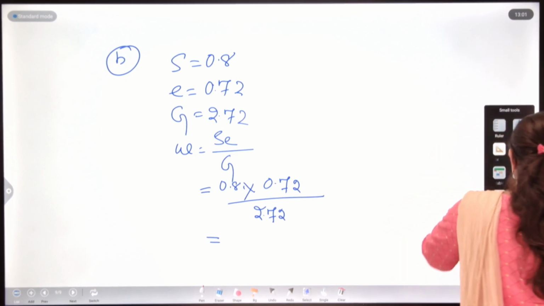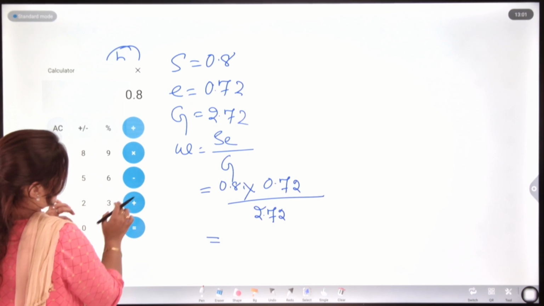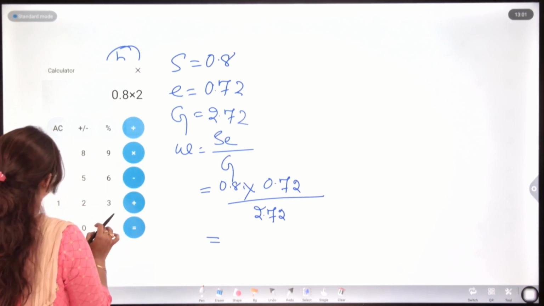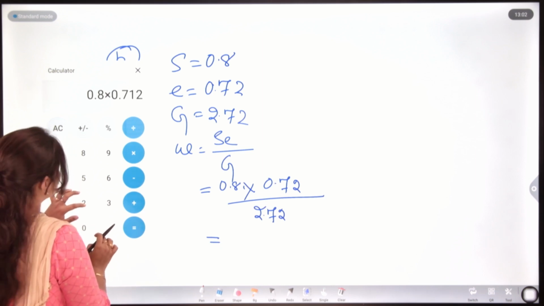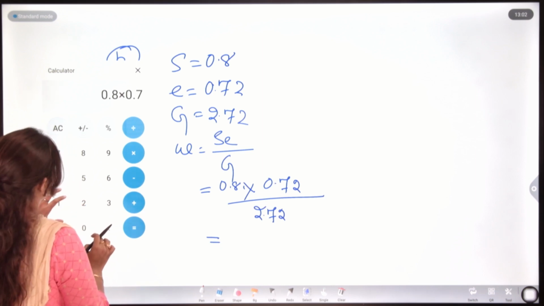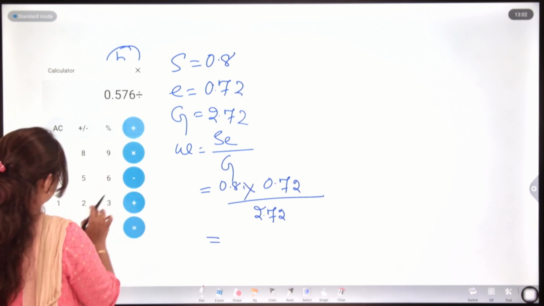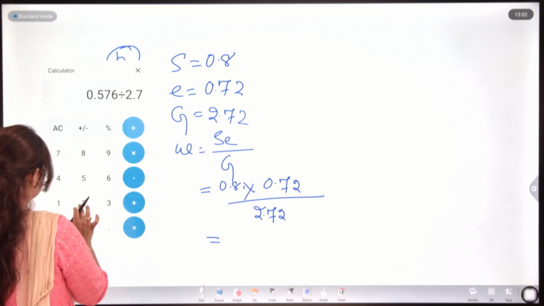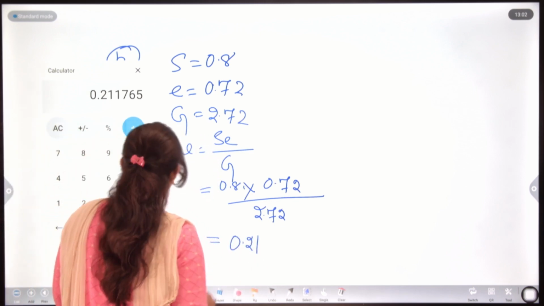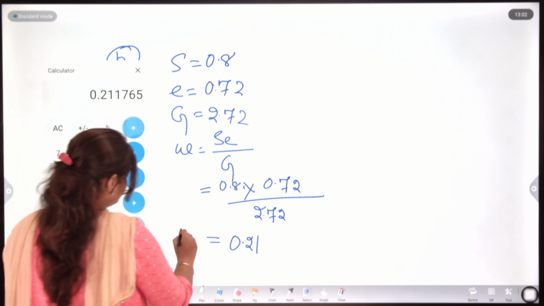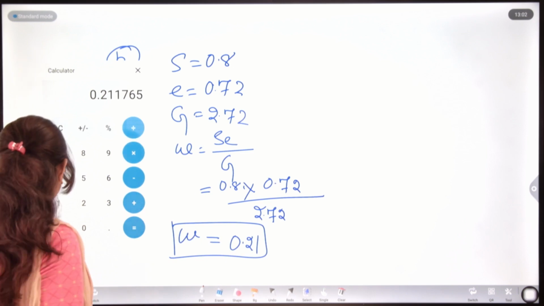Using the calculator, 0.8 multiplied with 0.72 divided by 2.72 gives 0.21. Here we get w for 80% degree of saturation.